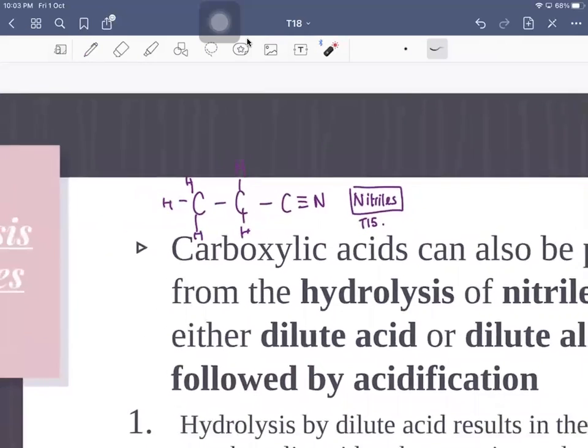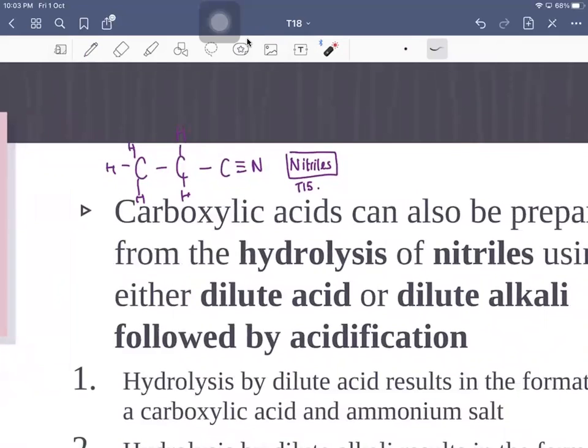So we can convert this nitrile into a carboxylic acid because usually there's more uses for carboxylic acid. Okay, and then you can transform the carboxylic acid into the alcohol that you want, and then you transform it into an alkene, and then you transform it to an alkane. So the possibilities are endless if you convert it to the carboxylic acid.